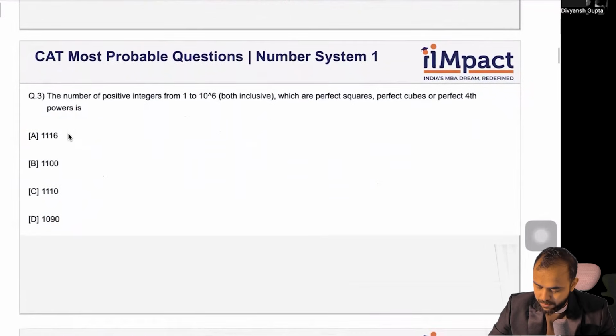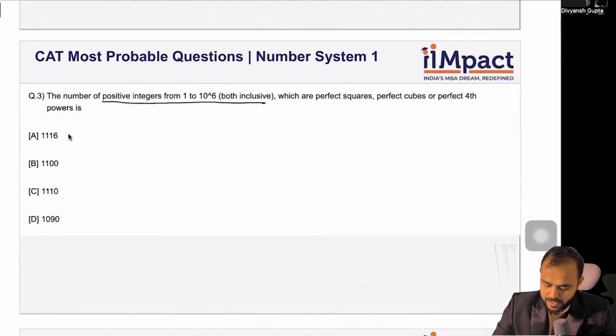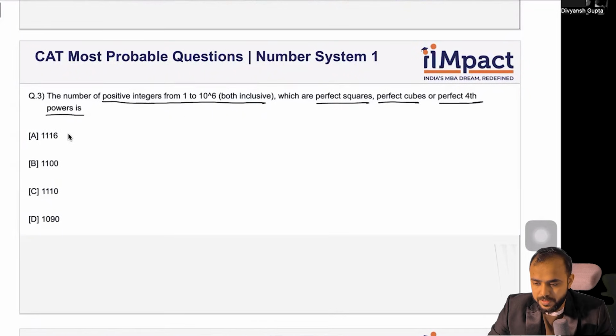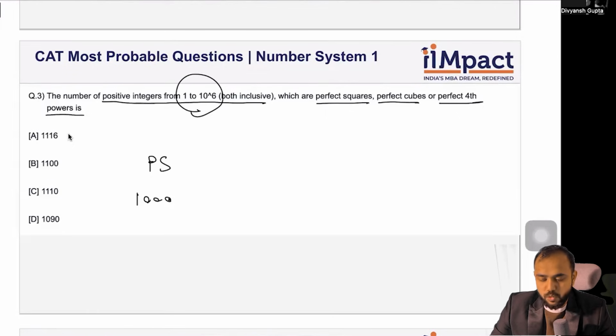Moving on, number of positive integers which are perfect squares, perfect cubes, or perfect fourth powers. So what we will do is we will first find the perfect squares. That would be the square root of 10 to the power 6. That is 1000 numbers are there in this range, both inclusive, which are perfect squares. Then I will add perfect cubes to this.